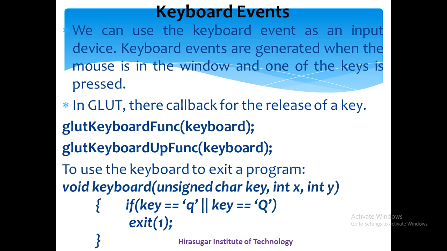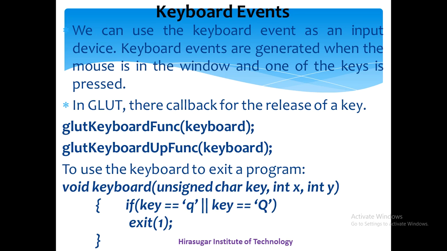Then, as I told, the wide keyboard function. How the mouse button function was returning parameters: first parameter integer button, next integer state, then integer x and integer y.